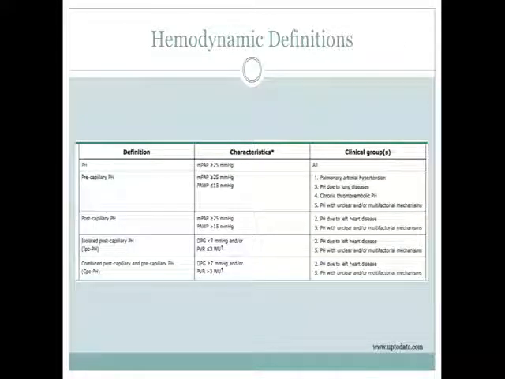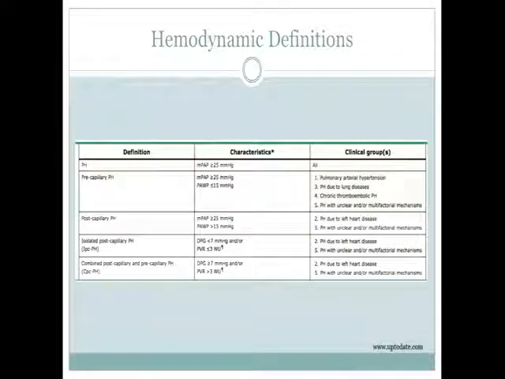In the bottom 2 rows, that's separated into purely post-capillary and combined, and you can see that in the former you have a low transpulmonary gradient, or here they've mentioned a diastolic pulmonary gradient, and a low PVR, whereas in the mixed picture you have elevated values of both.